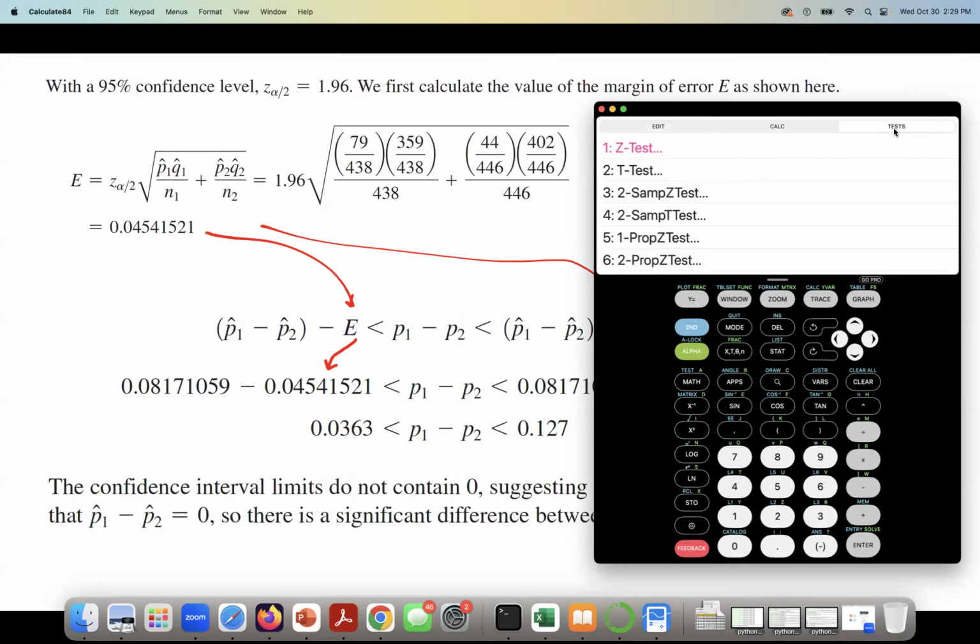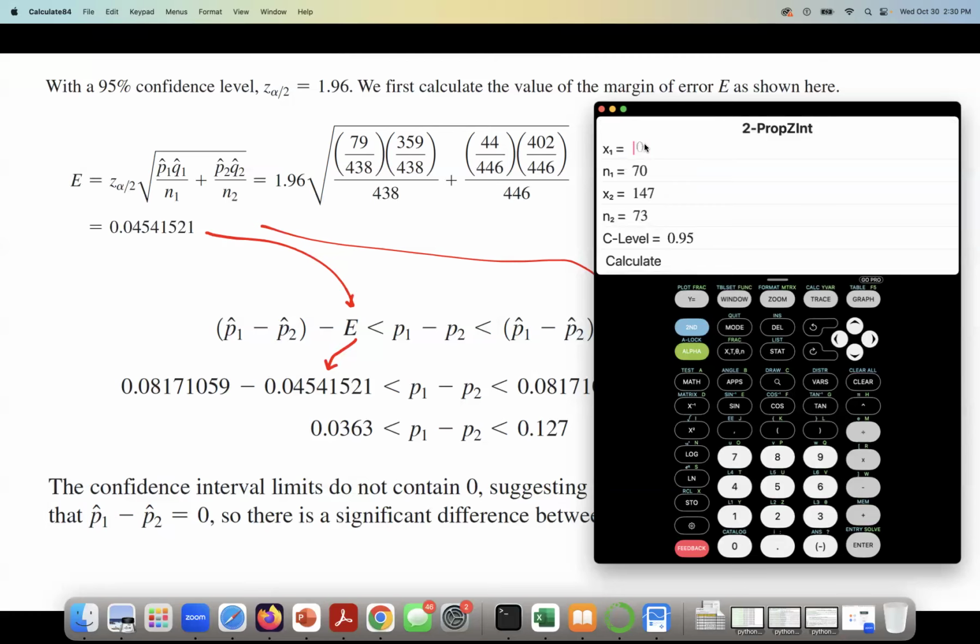We have two proportion tests, but this is not a test. This is an interval that we are trying to construct, so we're going to choose 2-PropZInt. Click on that and enter the values.